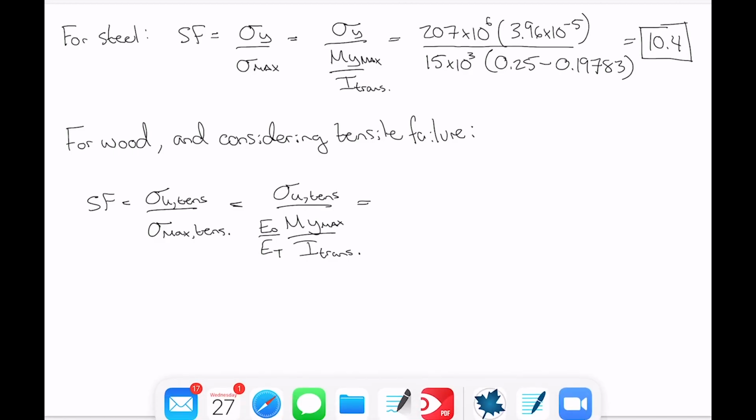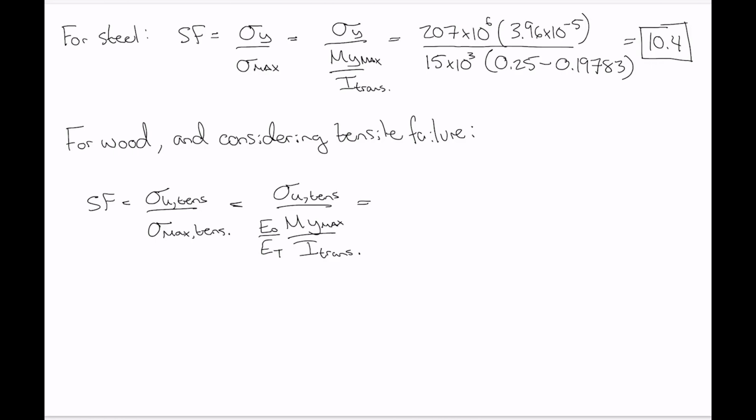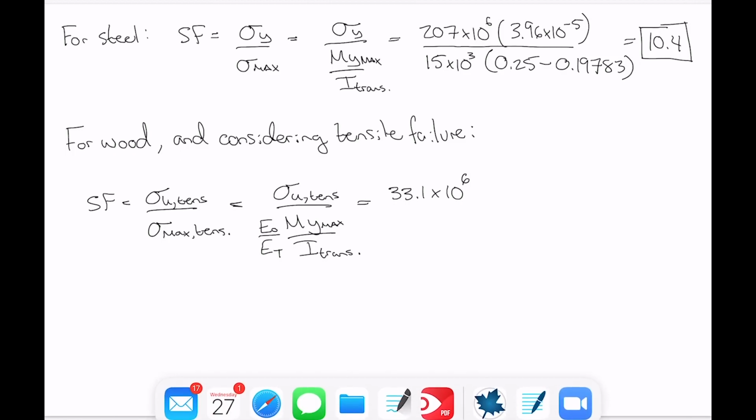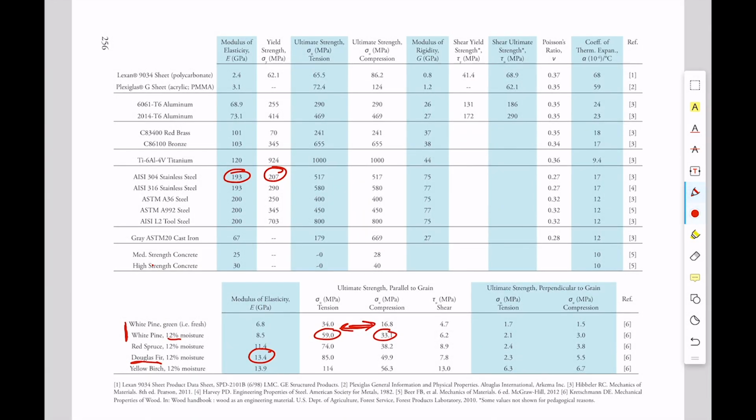The ultimate strength of the wood in tension was 33.1 megapascals, so 33.1 times 10 to the 6 there. And then let's just check that that's correct. Is that correct? 33 point, no, that was for white pine, right? That was for the last problem that we were doing. So the correct value, good thing we checked, is, nope, we don't want compression, we want tension, 85 megapascals.